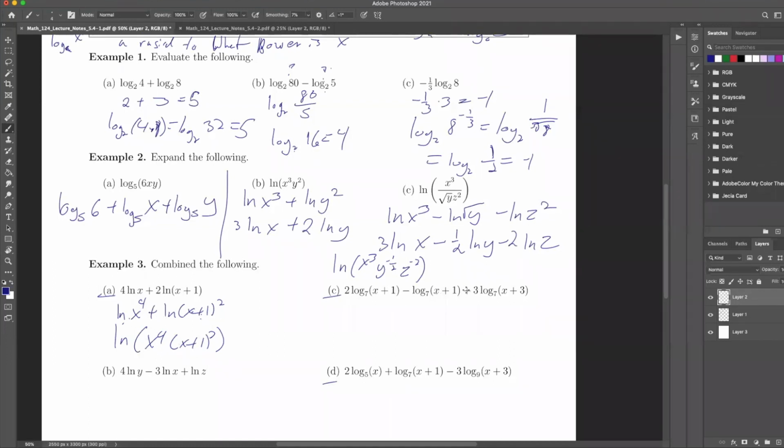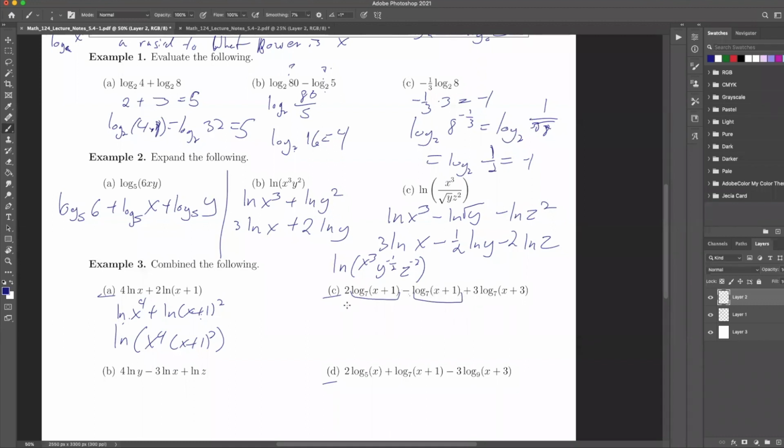Here, notice here, before we do anything, that I have 2 log of x plus 1. Whatever this is, it's just some number. Remember, log of x plus 1 is a number. I don't know what it is, but it's a number, right? And I minus a log of an x plus 1, or minus log base 7 of x plus 1.